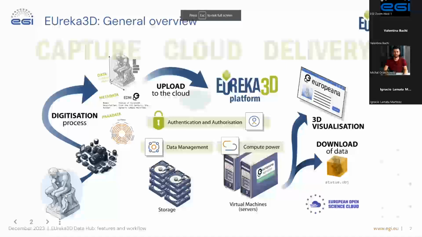So basically, we showed you in this presentation the capturing process, and Marinos talked about this. Then I showed you the cloud with the 3 components: check-in, Data Hub, and the cloud compute. And then the delivery, I showed you the progress we are making to show this in Europeana, and how we can download data. And now it's time to introduce the EOS. For this, I will stop my presentation, and Renato will tell you about this EOS part.